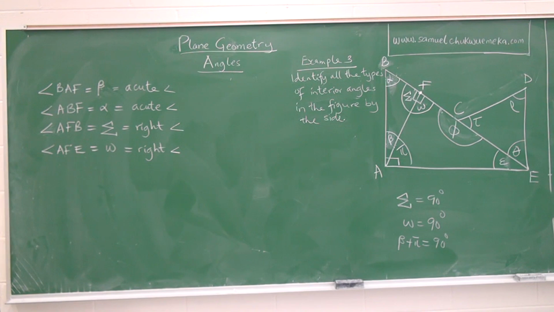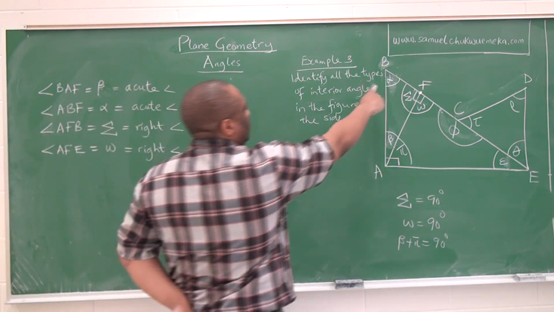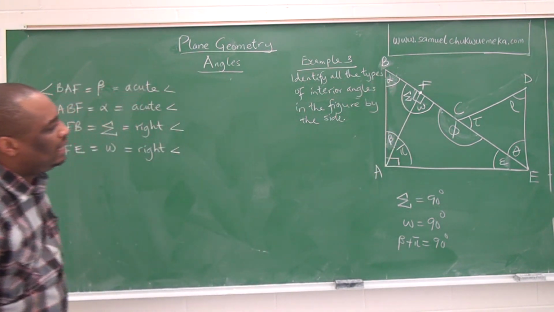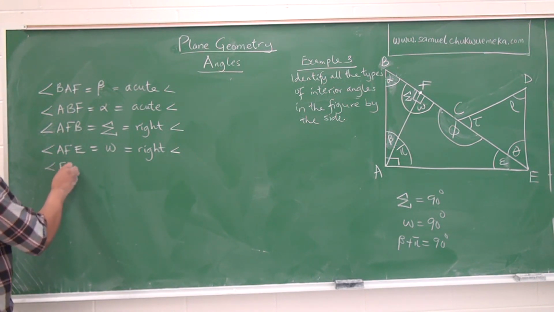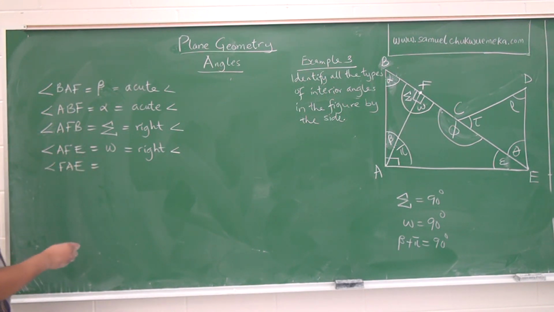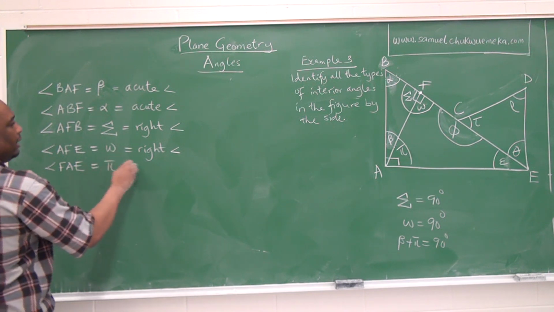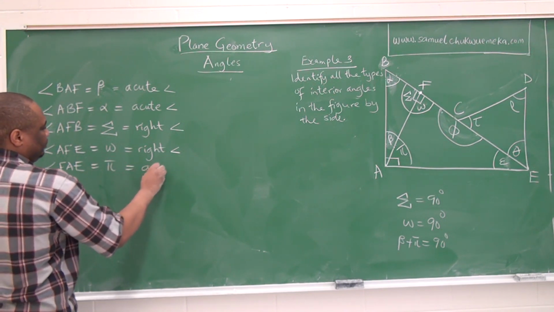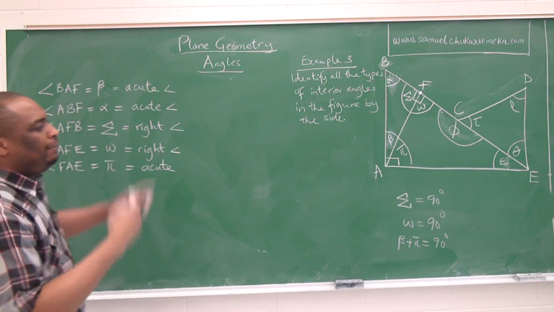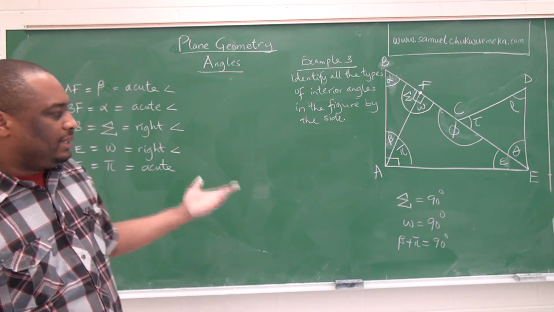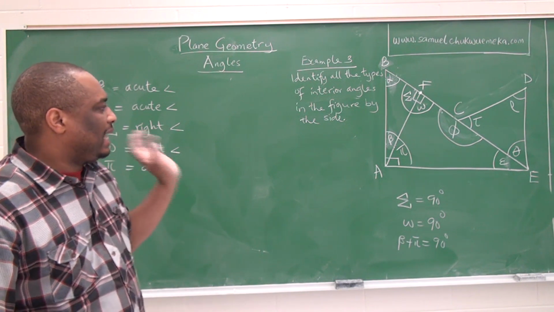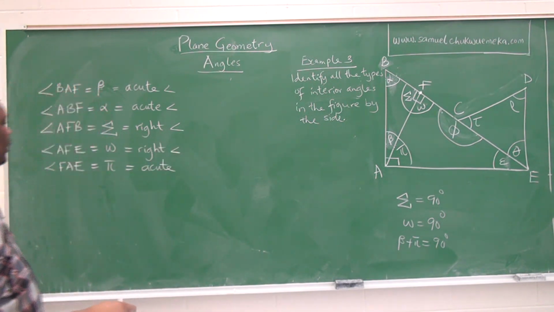So we've done four of them. Then angle FAE is pi. Pi is acute. Beta plus pi is a right angle, but pi is acute, beta is acute. Okay?